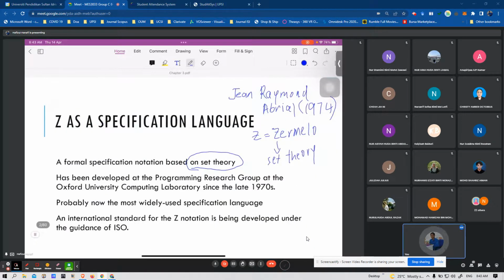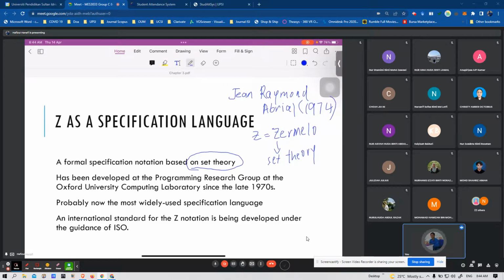Okay, Z as a specification language. This is a little bit about the history of the Z language. As you can see, in 1974 Jean-Raymond Abrial published data semantics.